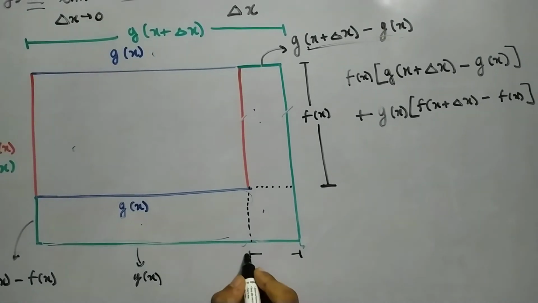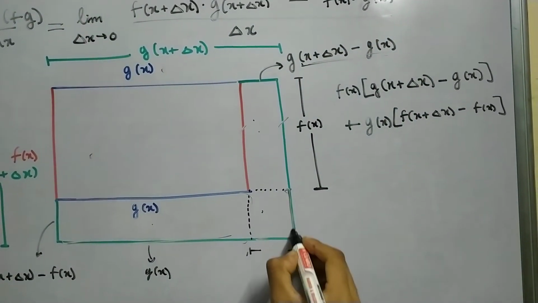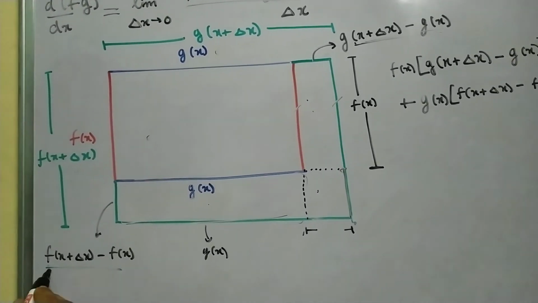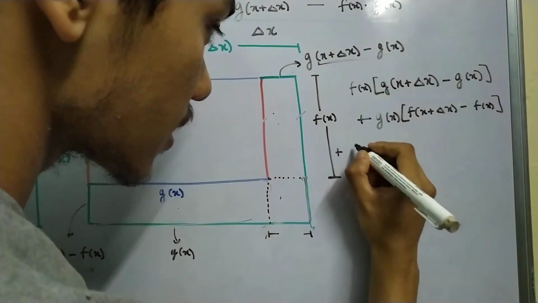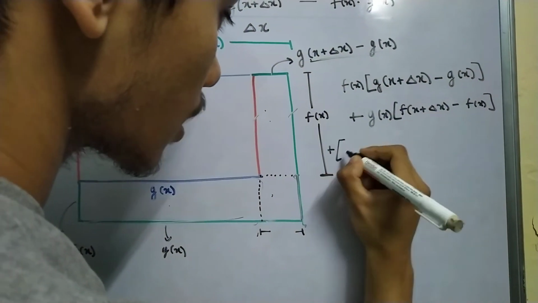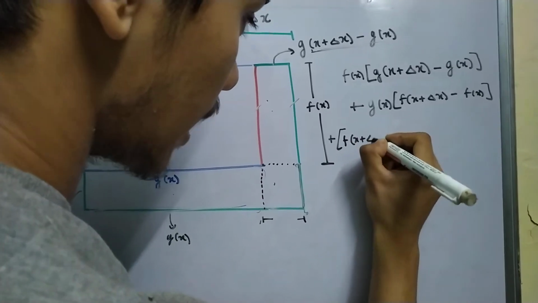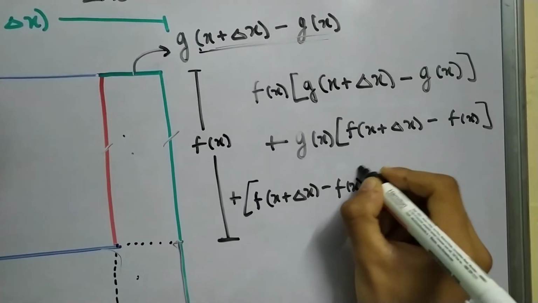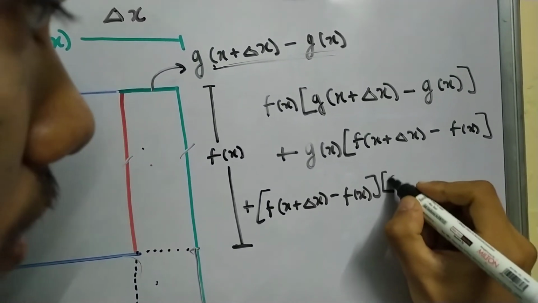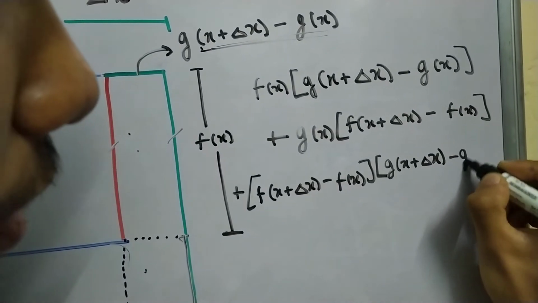So this length is this, and this length is the same as this length. The area will be the product of these two. So plus, this is a long term, f of x plus delta x minus f of x times g of x plus delta x minus g of x.